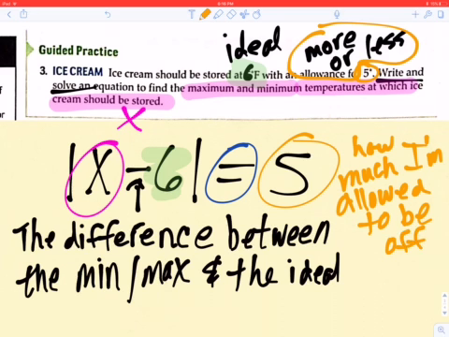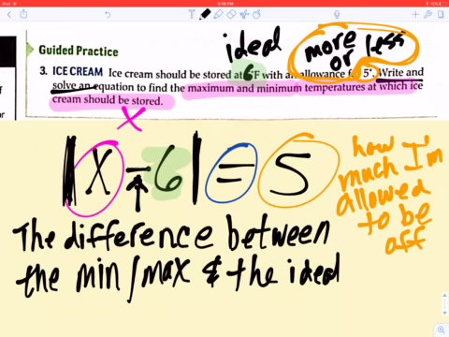We can be 5 too much, or we could be 5 too little, which is why we use absolute value in the equation as well. So it's going to be X, which represents my minimum and my maximum, take away my ideal amount, and that's set equal to how much I'm allowed to be off.